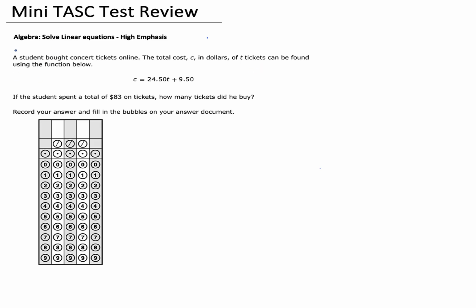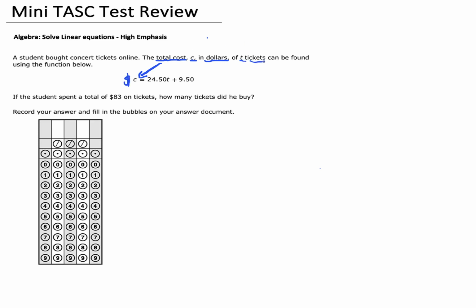So in this problem, it says a student bought concert tickets online. The total cost, and then they put the variable C in dollars. So this is very important. They said the total cost is C. So C represents your total cost, and this is in dollars of T tickets.